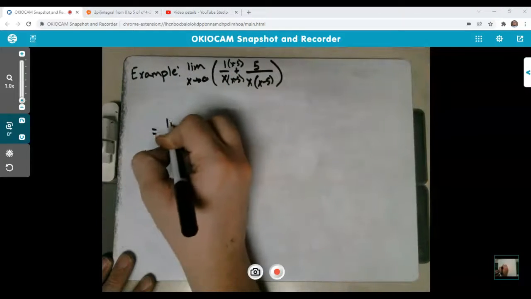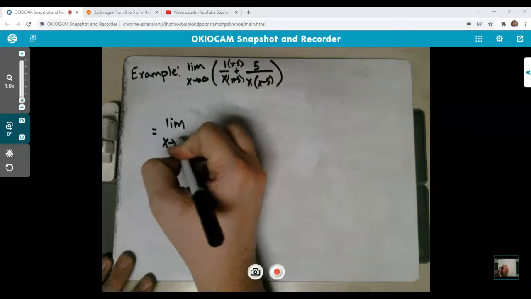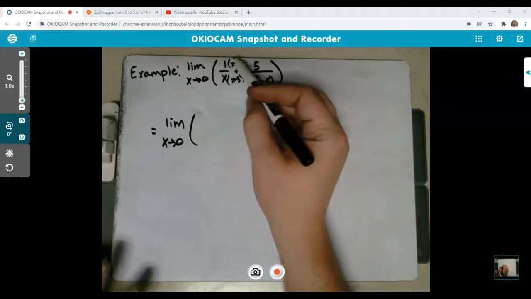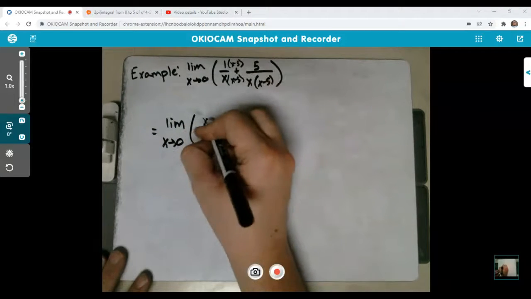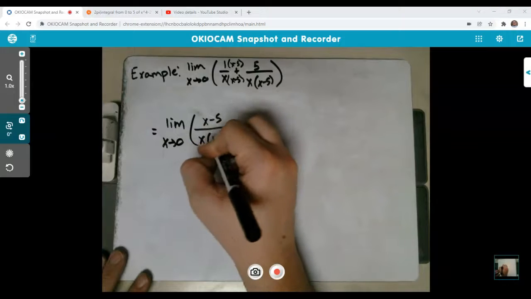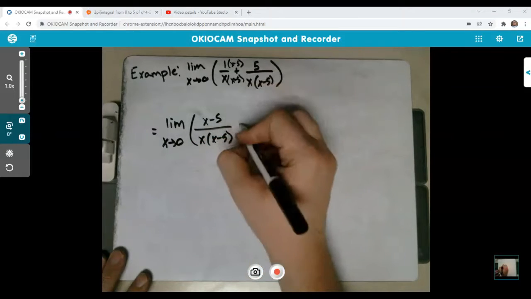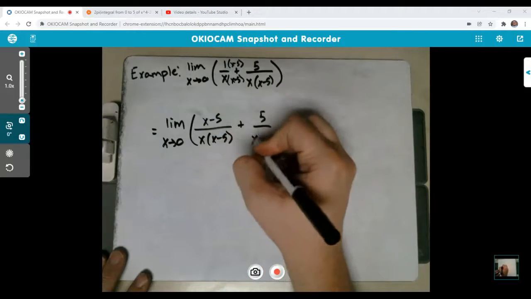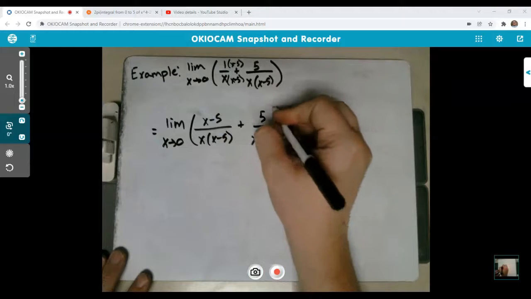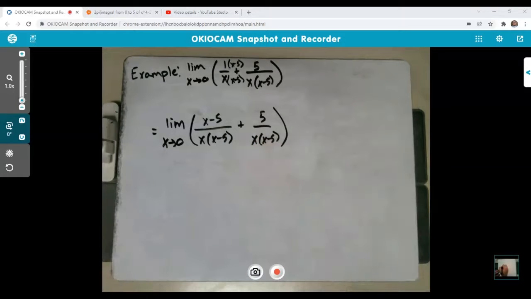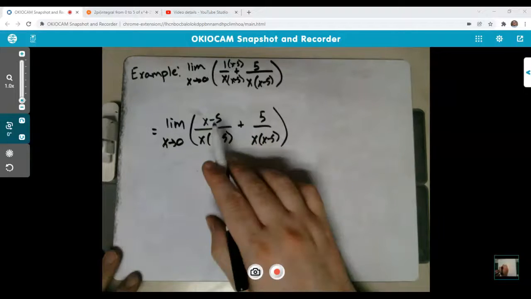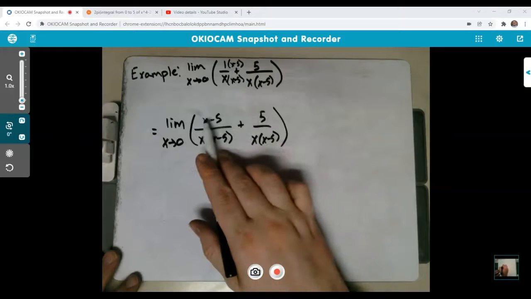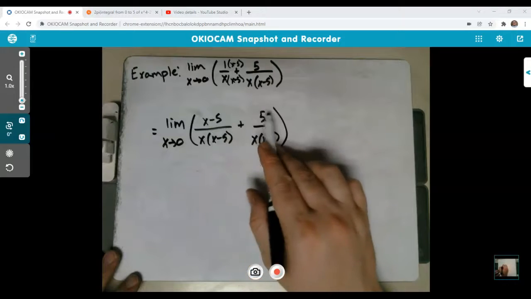So this becomes the limit as x approaches 0 of 1 times x minus 5, which is just x minus 5, over x times x minus 5. I did not change that one, so it's going to just stay. Now that the denominators are the same, I can just add up what's on top. So I have x minus 5 plus 5.